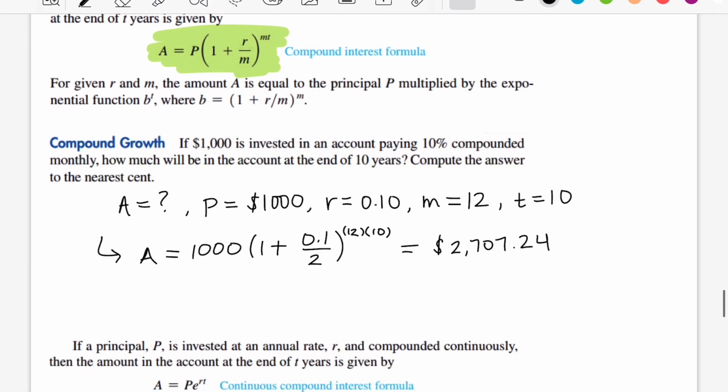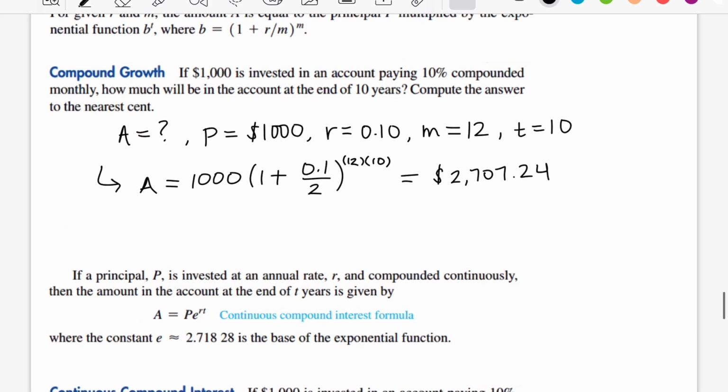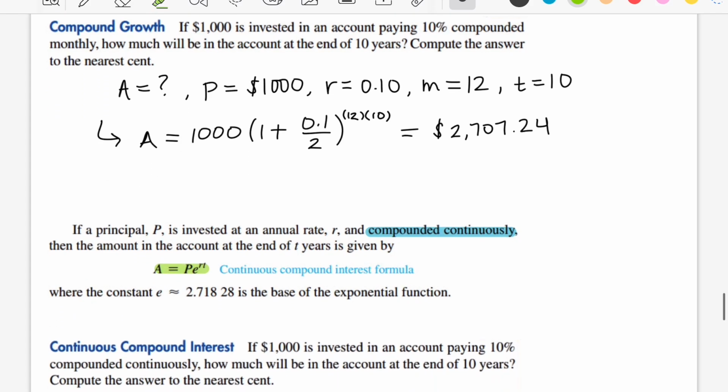Now, if a principal P is invested at an annual rate R, but it's compounded continuously, then this changes our formula a little bit. We actually end up with this guy here, and this is our continuous compounding interest formula. And remember, our constant e is the base of the exponential function here.